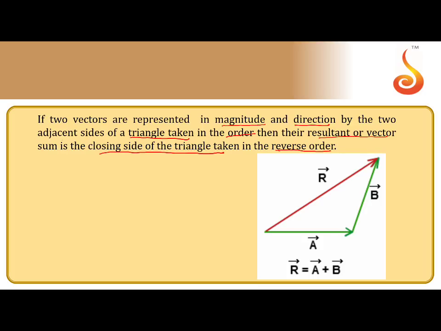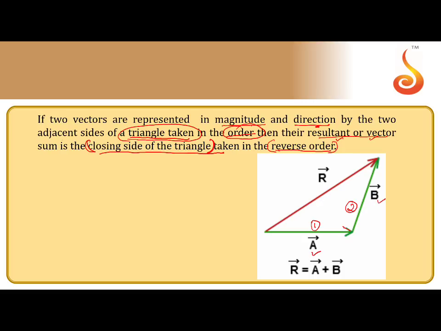I repeat, if two vectors are represented in magnitude and direction by two sides of a triangle, taken in order, then the resultant or the vector sum is given by the third side of the triangle taken in the reverse order. Let us look at the diagram. You see vectors A and B. They are forming two sides of the triangle.